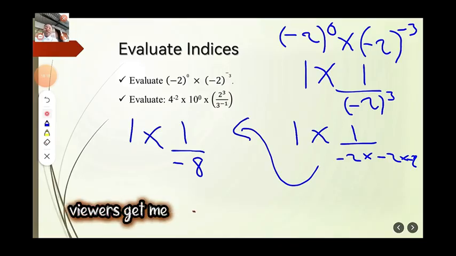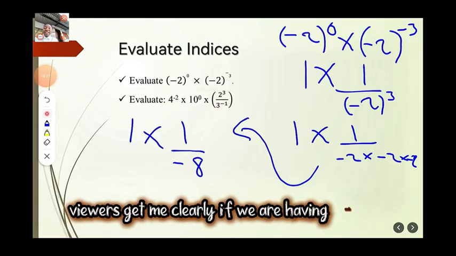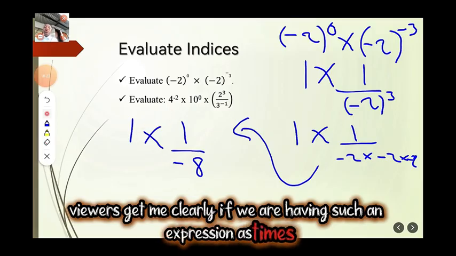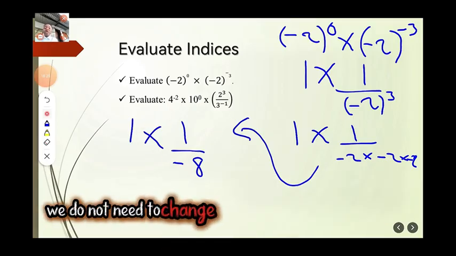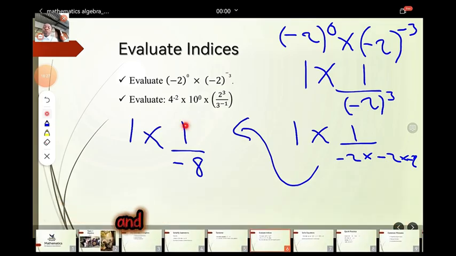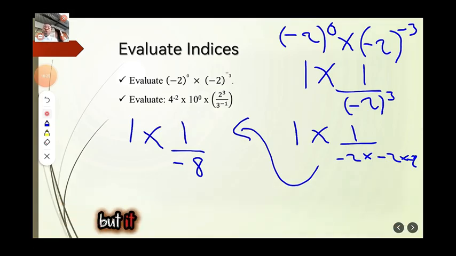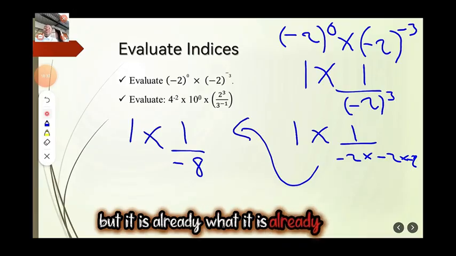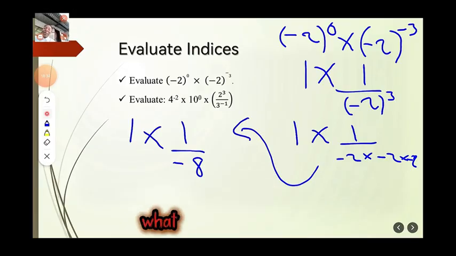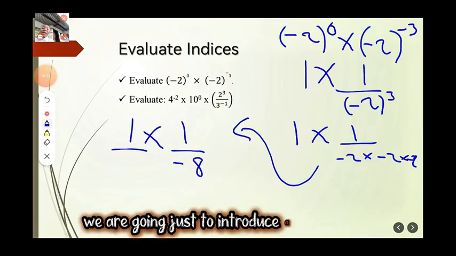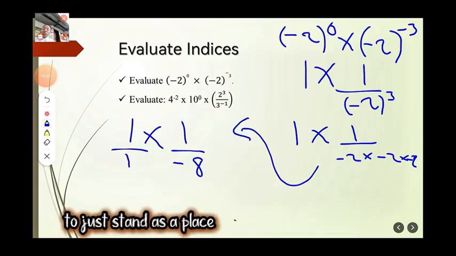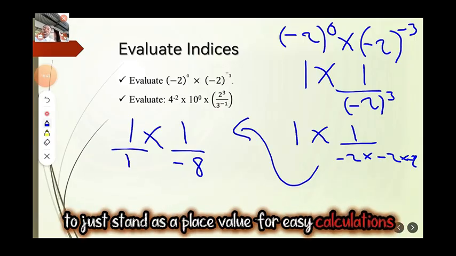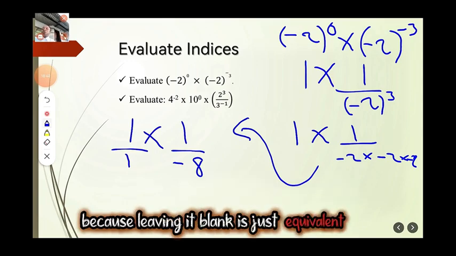Online viewers, get me clearly. If we are having such an expression as times, we do not need to change so that what is down should go on top and what is on top should go down. It is already made. Meaning what we are going to do is introduce a 1 down here to just stand as a place value for easy calculations, because leaving it blank is just equivalent to 1.